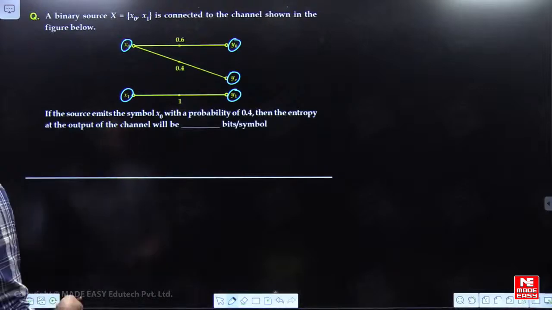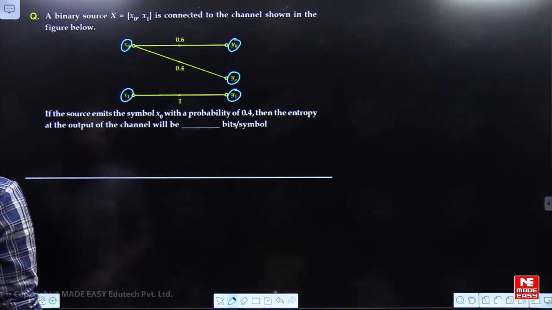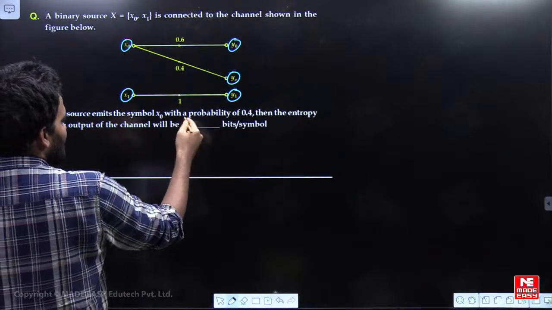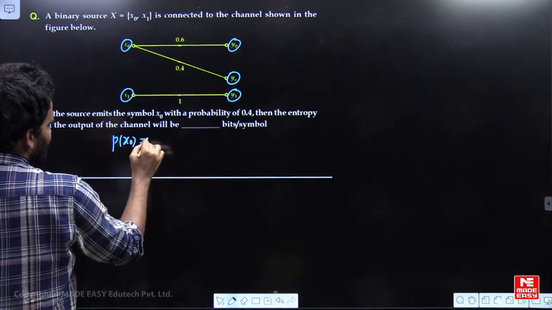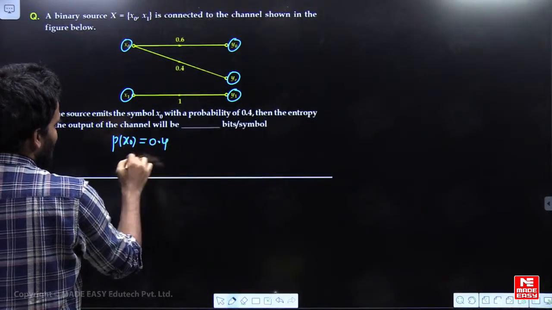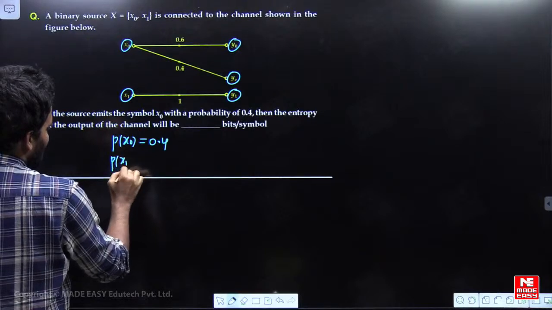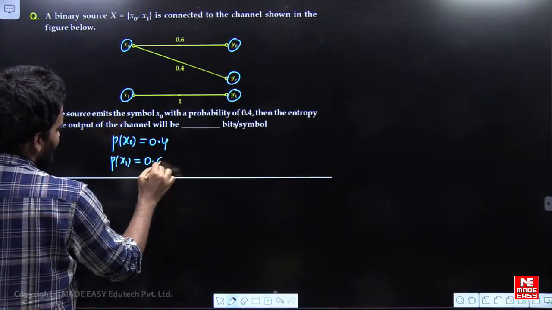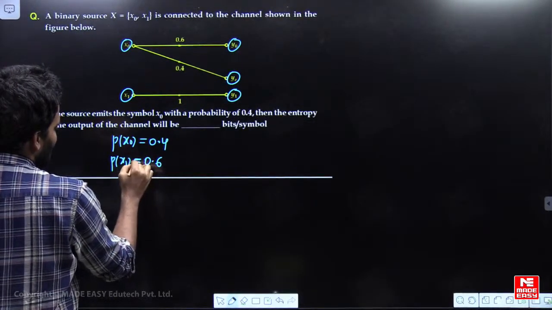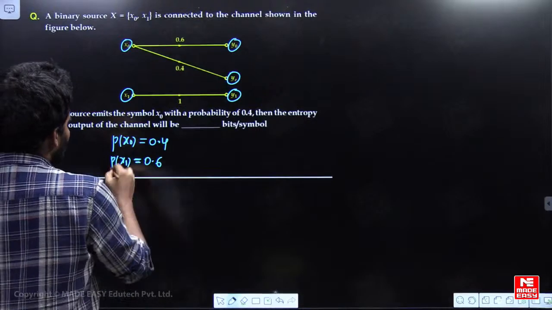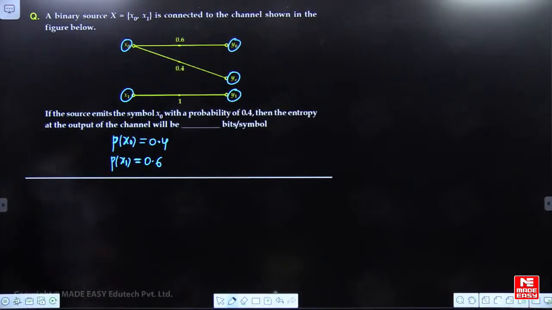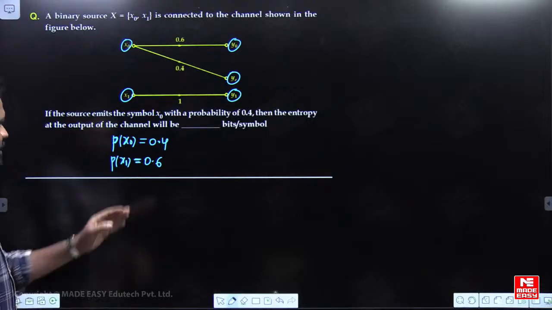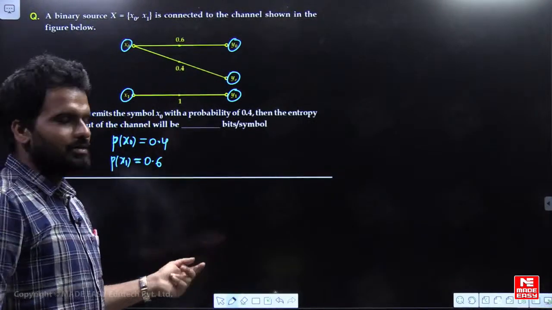The source emits the symbol X0 with probability 0.4. So P(X0) is 0.4, then what will be P(X1)? Total probability should be 1, so it is 0.6.